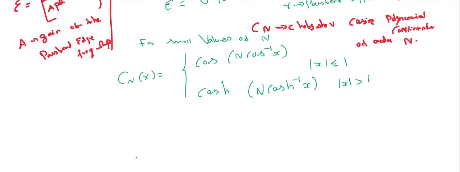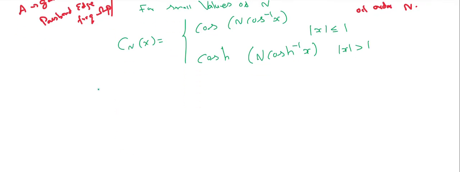So the initial values: C0 of x is equal to 1, C1 of x is equal to x.